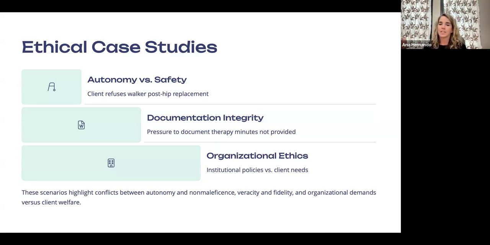Documentation integrity, since we're on documentation. In this scenario, you're asked to record therapy minutes that you didn't actually deliver. This type of scenario, pressure to document therapy minutes not provided, tests our commitment to veracity and fidelity.